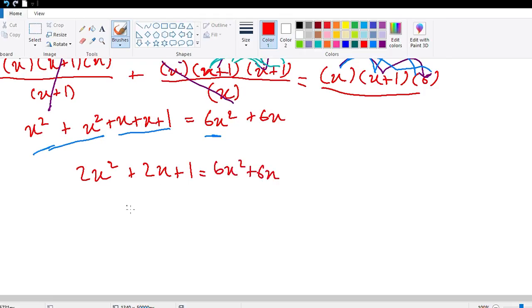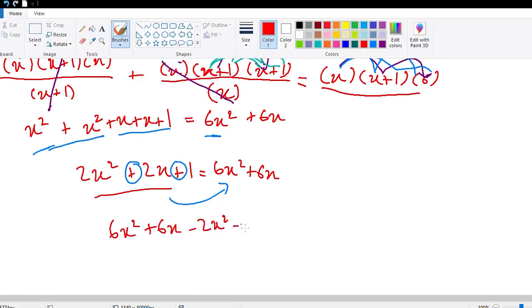Now we're going to send all of these to the other side, and all their signs are going to turn negative. Every single thing is going to turn negative, so it's 6x squared plus 6x minus 2x squared minus 2x minus 1 equal to 0.